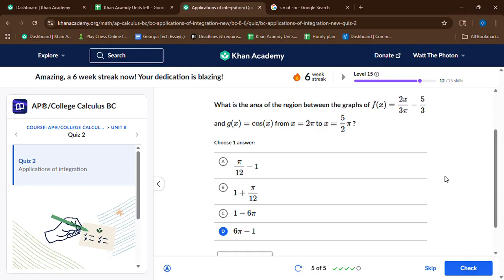What was only like 16.9 if we get 6 pi minus 1.